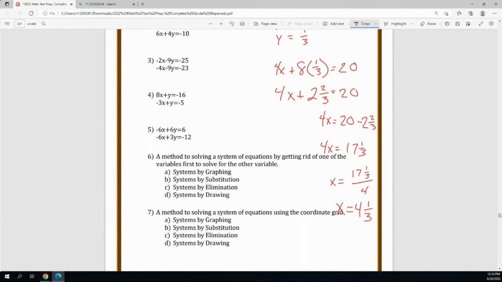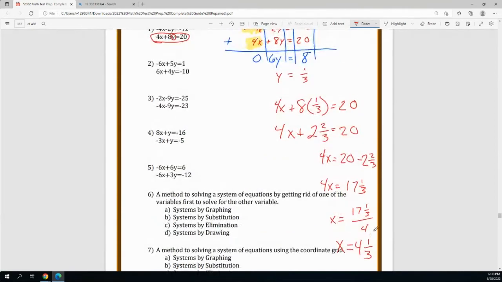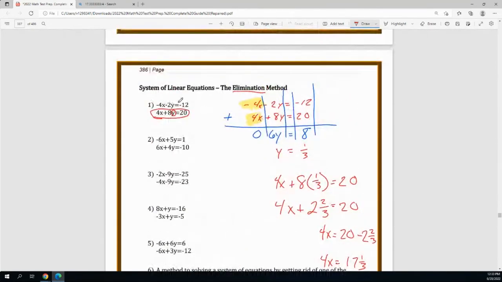Now let me show you the solution. Let's go back and look. What you're looking for is a solution where x is one number, where remember, it's where the lines both cross. So where they both cross is where x equals 4 1/3, and where y is equal to 1/3.